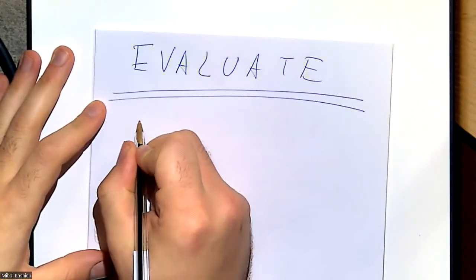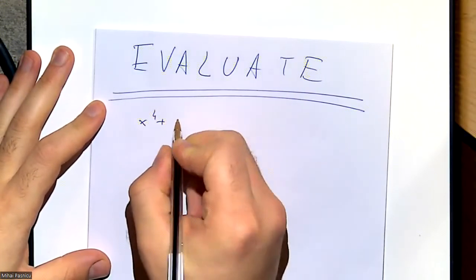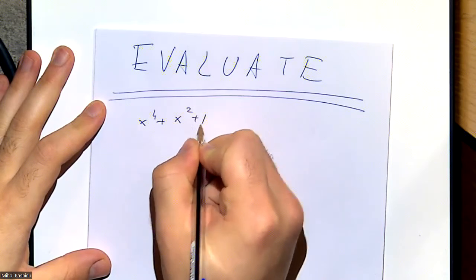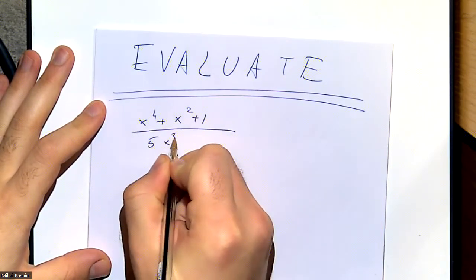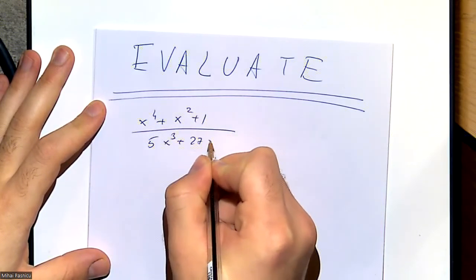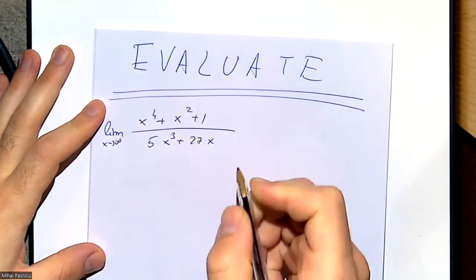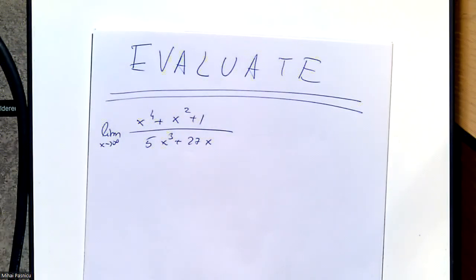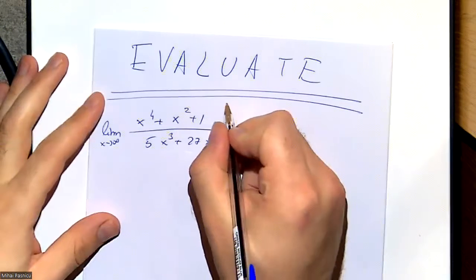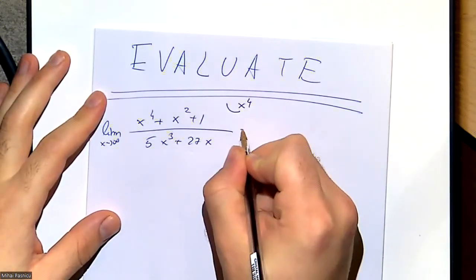One of his ideas was, okay, if I have x to the 4th plus x squared plus 1 over 5x cubed plus 27x, limit as x goes to infinity. Okay, we had this thing, and he basically said, okay, let's just divide by the highest power, so that's x to the fourth.